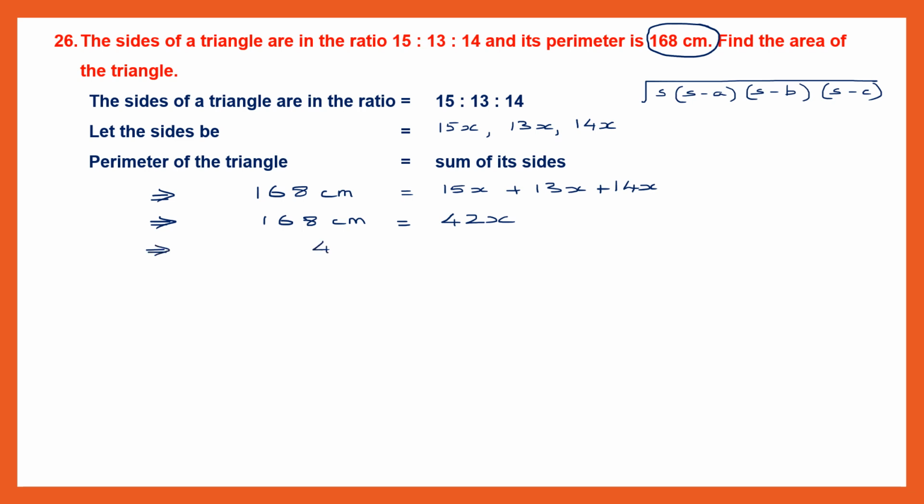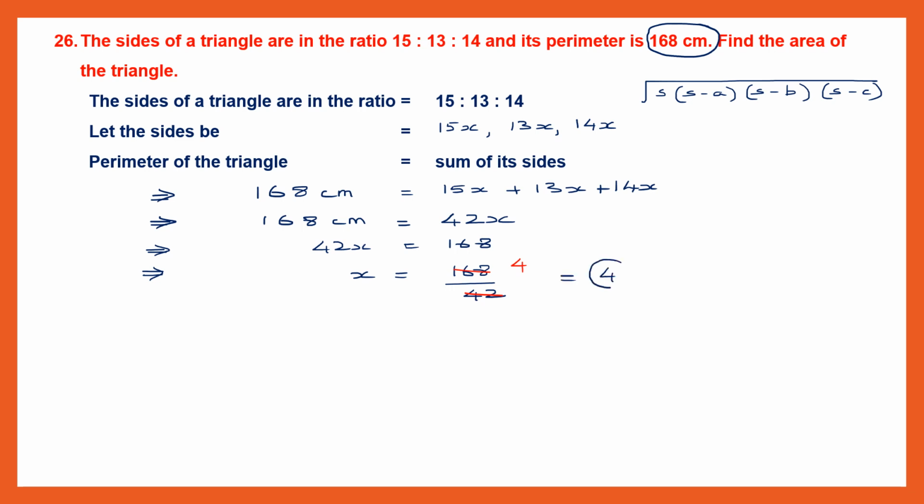So 42x is 168 centimeters. That means x will be equal to 168 divided by 42. So here itself you can cancel. 42 into 4 is 168. That means x is equal to 4.